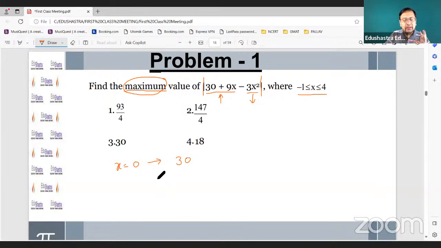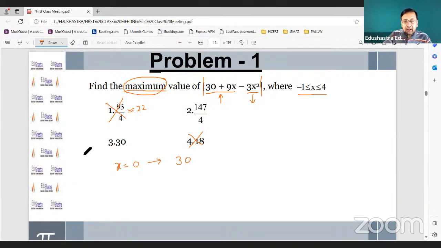So I am getting only 30. With x as 0, this option is cut. 93 by 4 is approximately 20, so this option is also cut. Out of the four options, I am left with only two options to check.